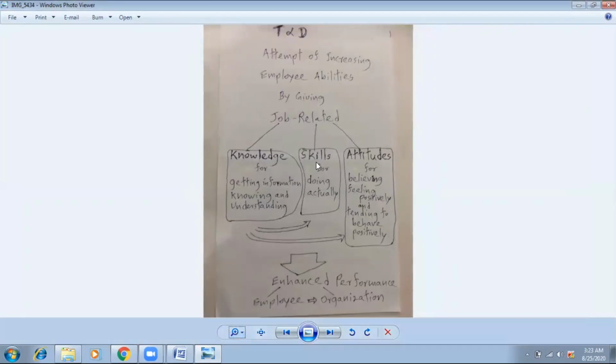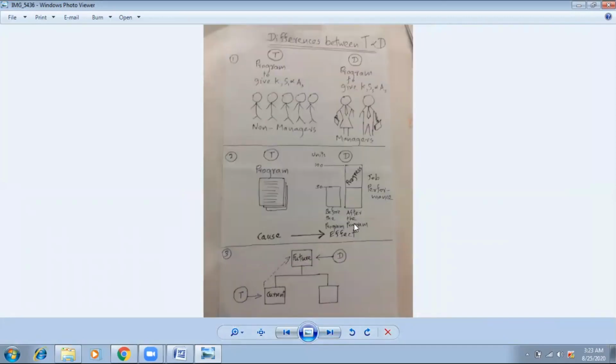Okay, so you can see, right? Let us go to another figure. This one. Have a serious look at this. What is this figure about?